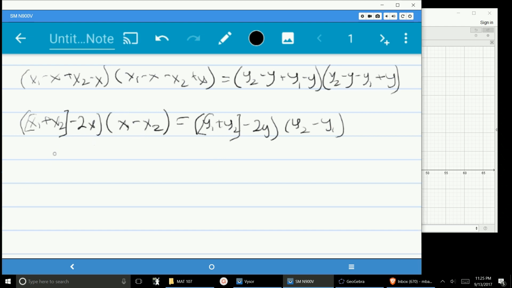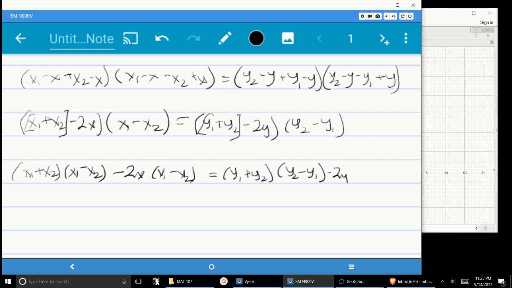So if I distribute it into the first, I get x1 plus x2 times x1 minus x2 minus 2x times x1 minus x2. And here, if I distribute this into there, I get y1 plus y2 times y2 minus y1 minus 2y times y2 minus y1.